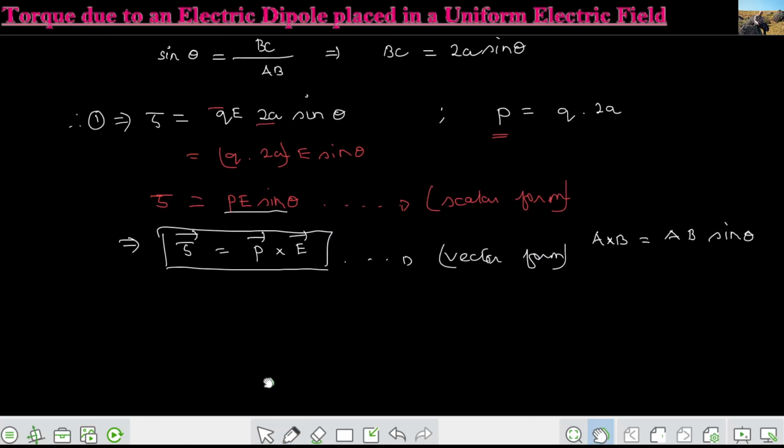So there are two formulas that you need to remember. Tau equals pE sine theta; remember that this equation will be used for solving numerical problems. Also, tau in terms of vector form. When we talk about vector form, write the vector sign. So it will be p cross E. What is the physical significance?